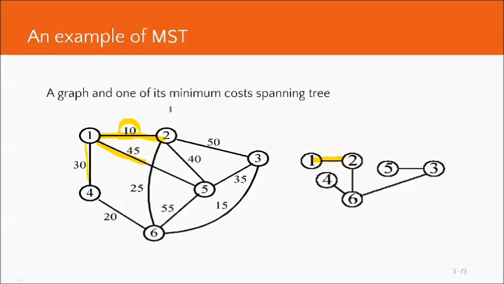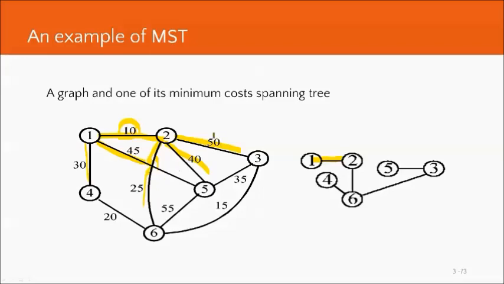Okay? Now, let's try to check vertex 2. From vertex 2, I have three different edges again. So I have a weight of 50 or a cost of 50. From vertex 2, I have a weight or a cost of 40 going to vertex 5. Okay? From vertex 2 going to vertex 6, I have a minimum cost or weight of 25.